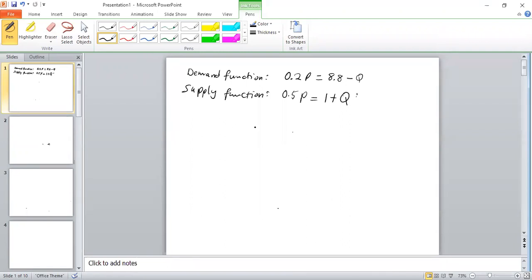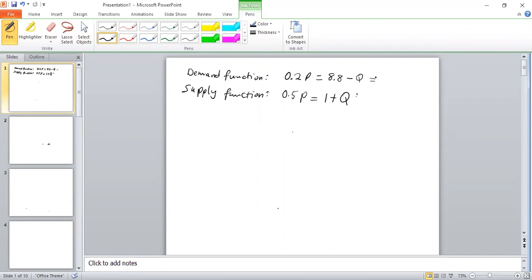So calculating at equilibrium, the best thing that we'll do, the way it is written like this, we make Q subject of the formula for each. So we'll start with the first one.